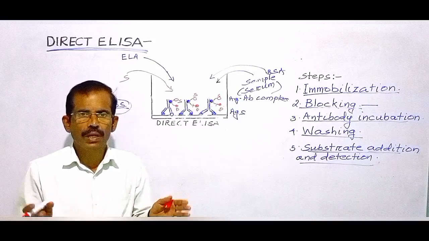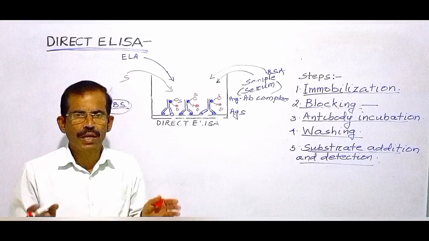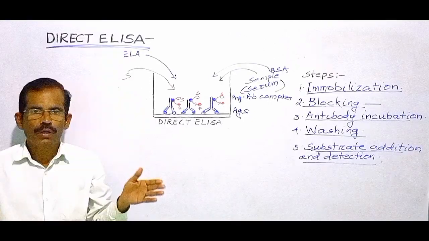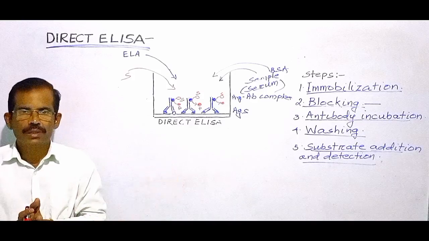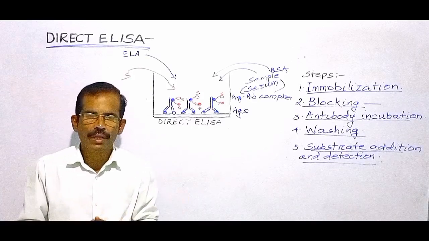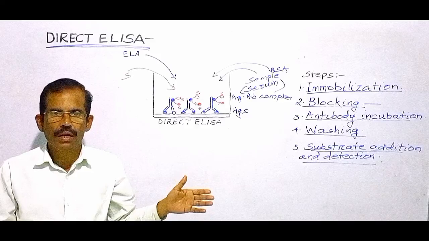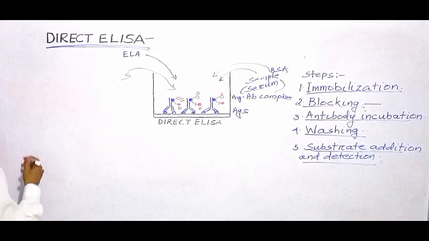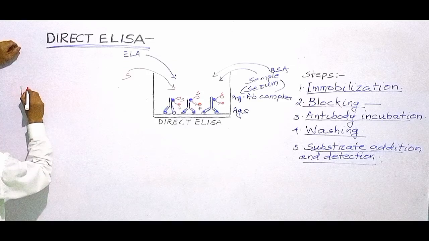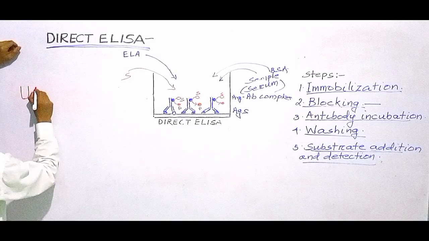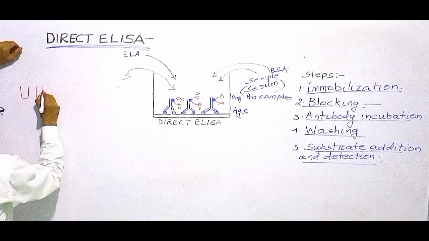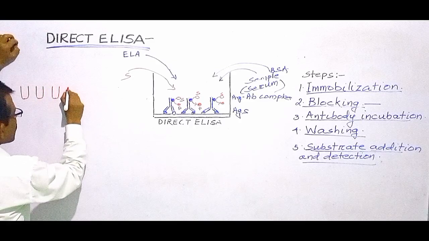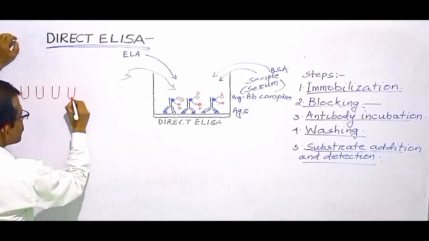Now the question is how to determine the concentration of sample antigen. In order to determine the concentration of sample antigen, a standard calibration curve is prepared. For this, a series of standard solutions having increasing known concentrations of antigen are placed in different wells of a microtiter plate.